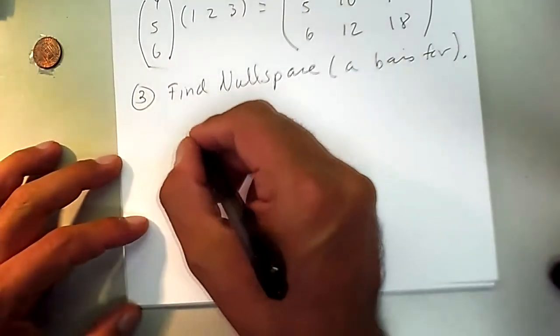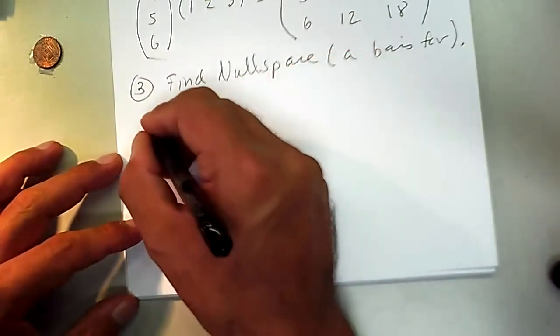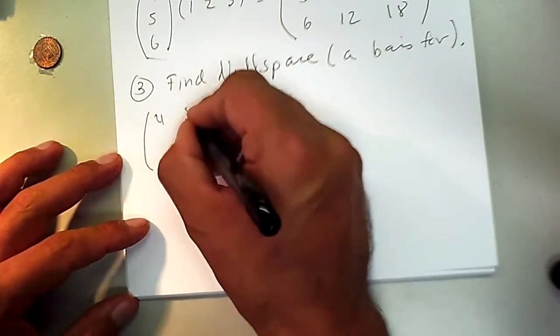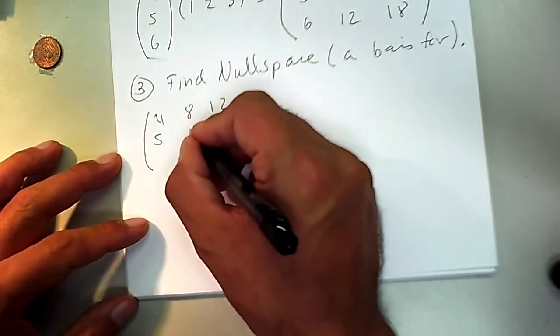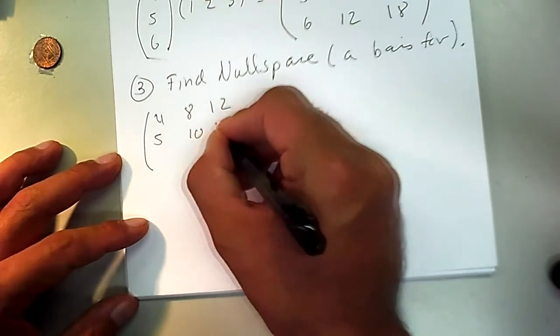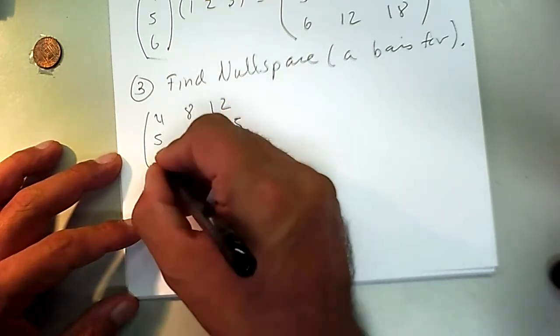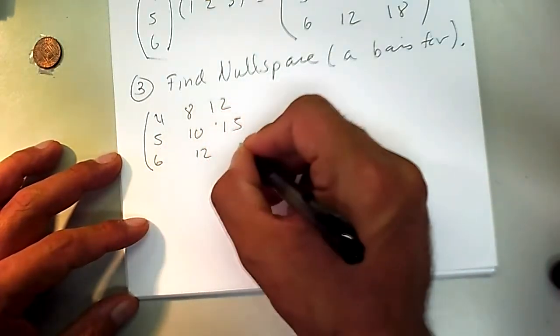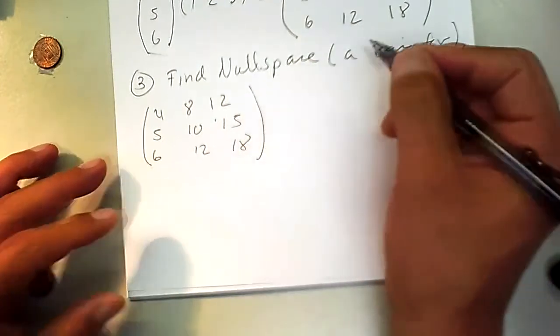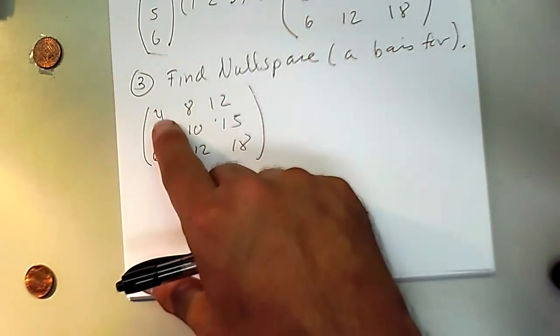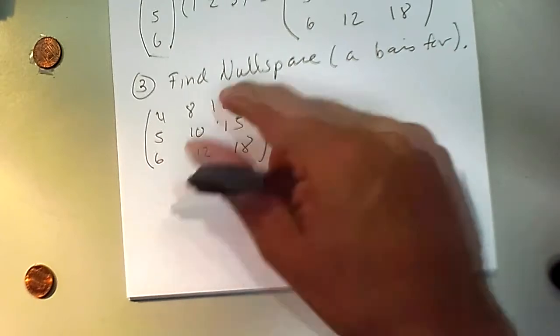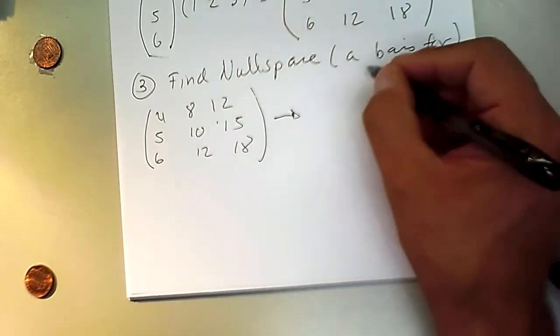All right, so we're going to start with the matrix 4, 8, 12, 5, 10, 15, 6, 12, 18. I'm going to row reduce it. So I guess we can divide the first row by 4.